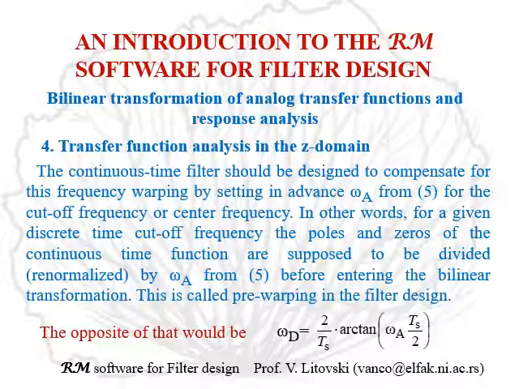In other words, for a given discrete time cutoff frequency, the poles and zeros of the continuous time function are supposed to be renormalized by omega A from 5 before entering the bilinear transform. This is called pre-warping in the filter design. The opposite expression, from analog to digital, is less important from the design point of view.